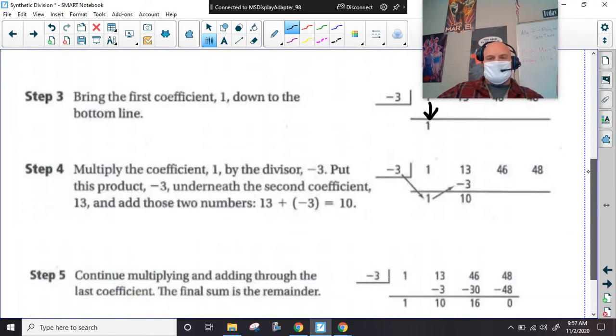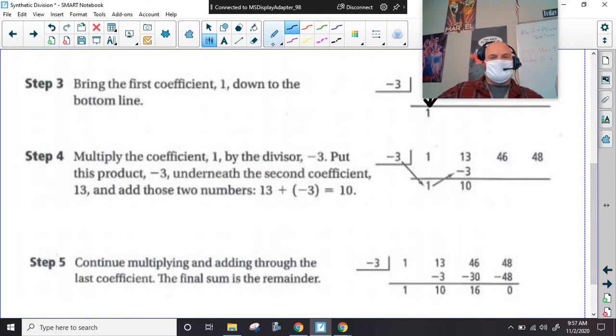This is where people will start to get confused. You have to take the number in the timeout box, -3. We multiply it by 1, and we get -3 when you're at it here. Okay. Once we do that, then we combine 13 and -3.